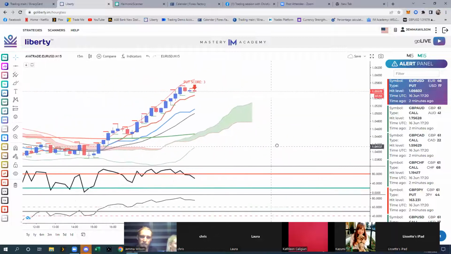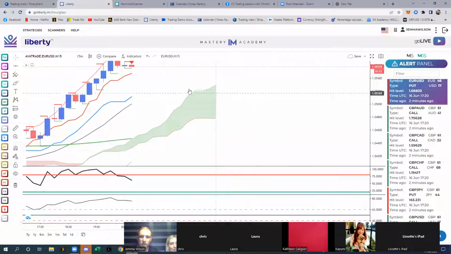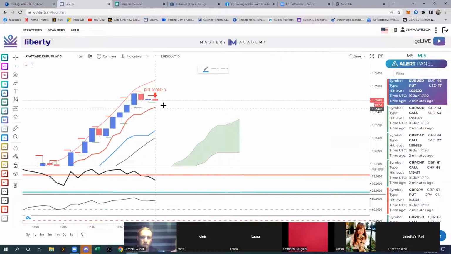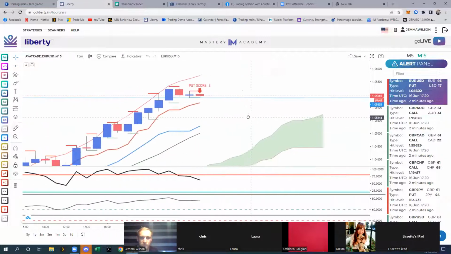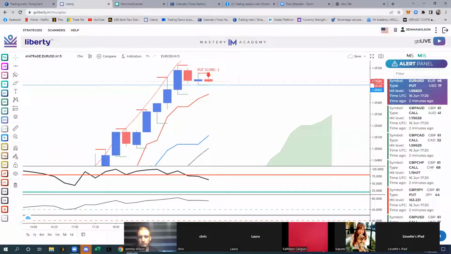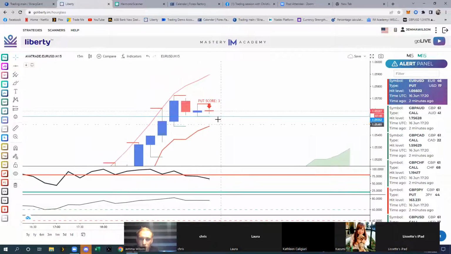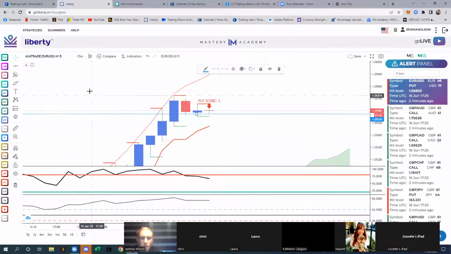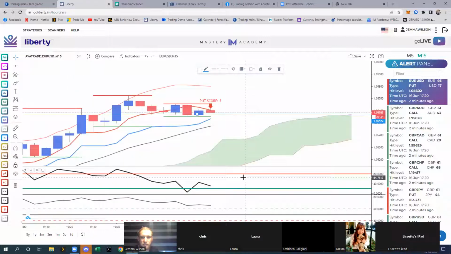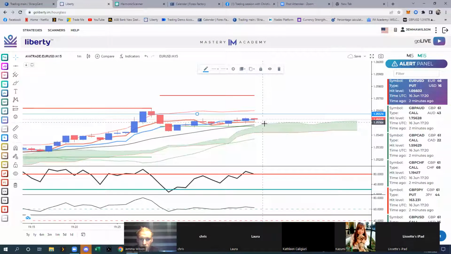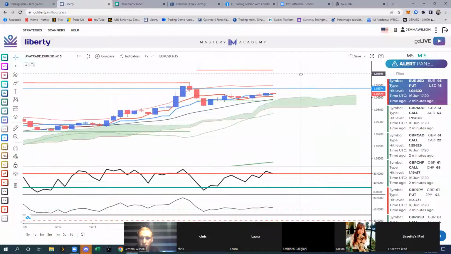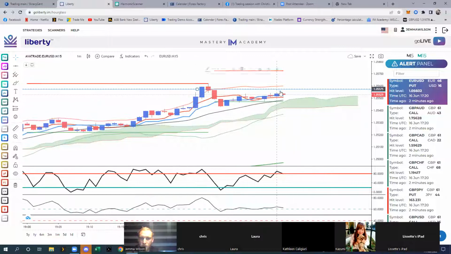Man, all the euro pairs are just going for it. Euro USD on the 15. Let's see what it says on the 5. It's spending a lot of time below there, that's for sure.